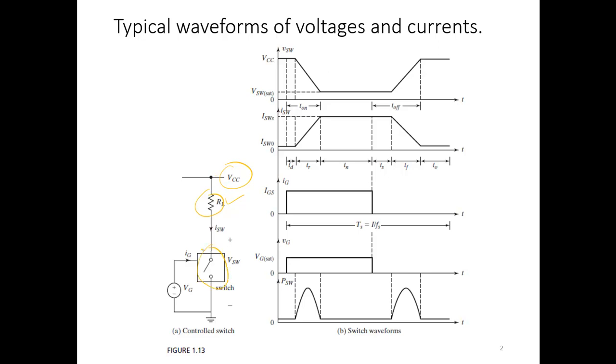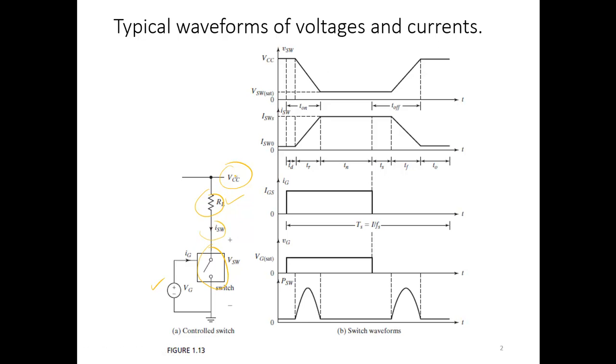This switch could be realized by any of the semiconductor devices. There are different types of semiconductor devices, and there is a gate voltage or gate pulse that you apply. Normally this switch, with the arrow direction, means the current will be unidirectional. This is normally a VCC, a DC voltage, and then the ground.